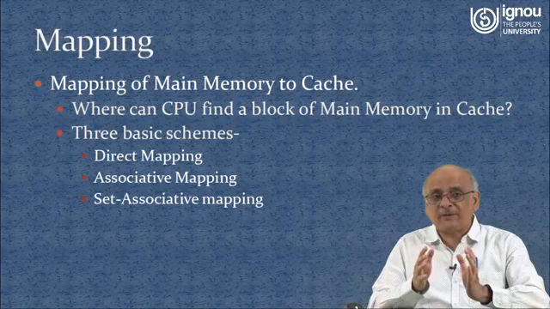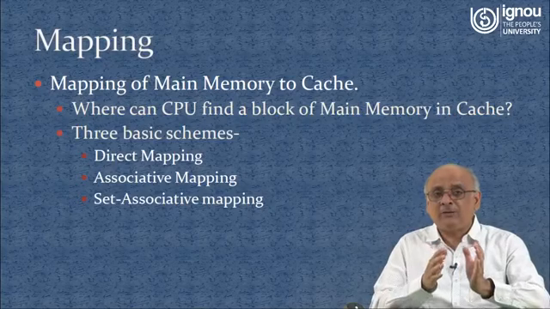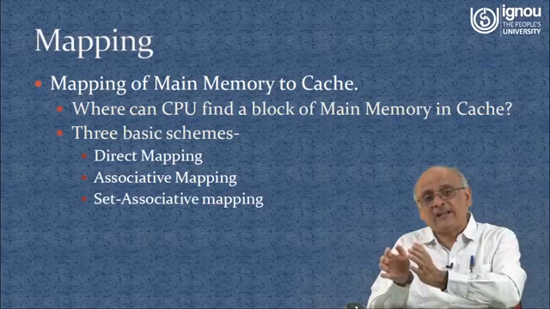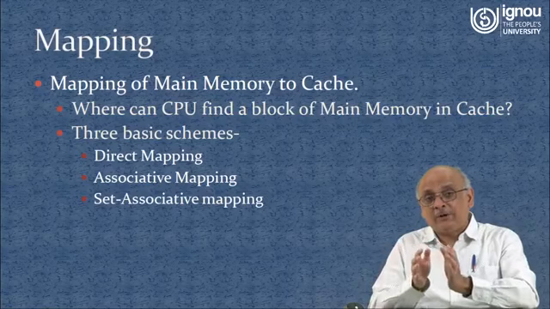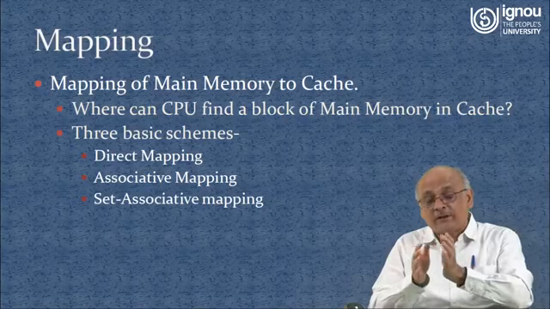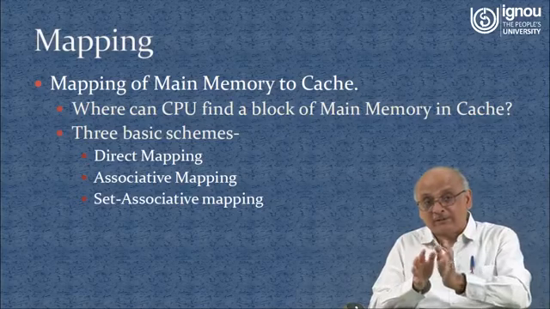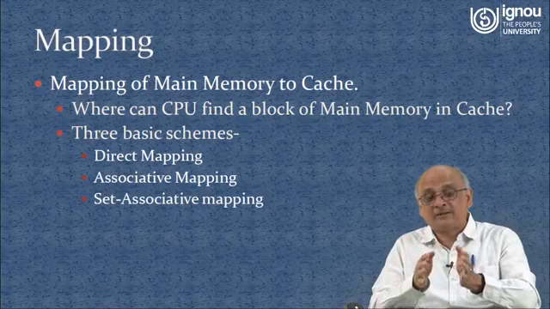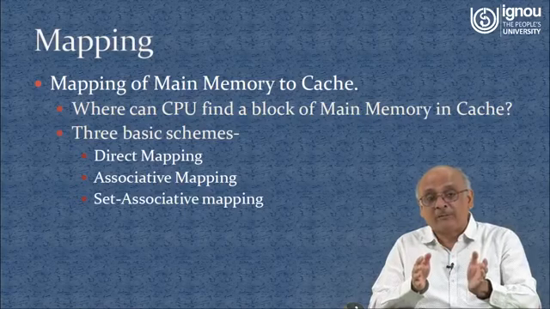There is an address for the main memory. So how will the main memory address have an equivalent cache address? Remember one thing, main memory is bigger than the cache memory. Main memory may be smaller than the hard disk, but it is quite big. 6 GB is quite big.